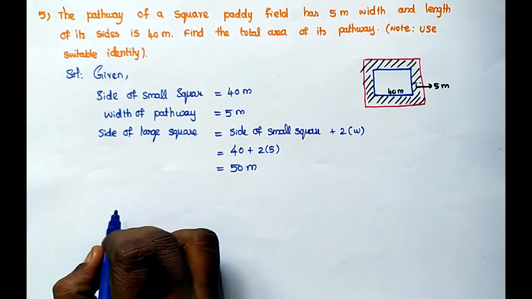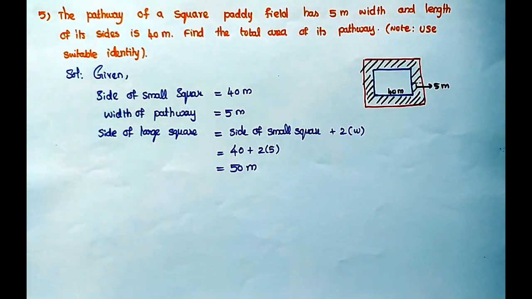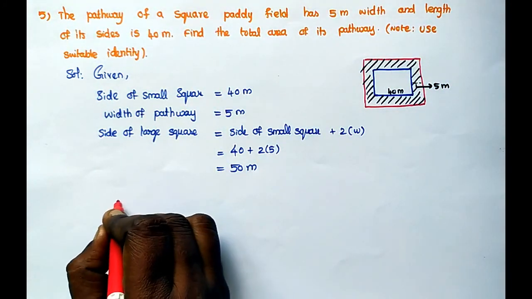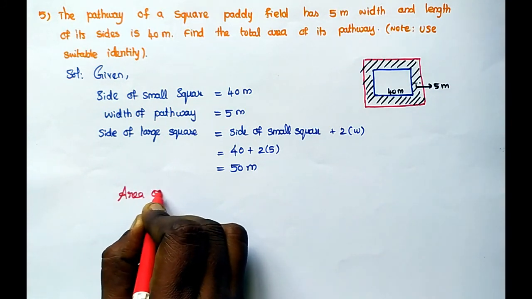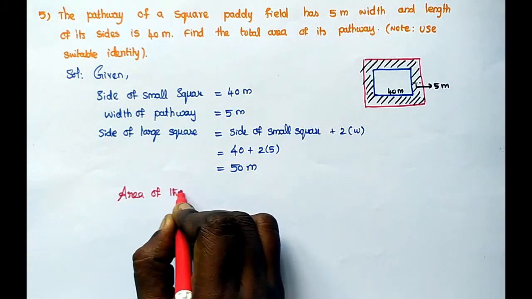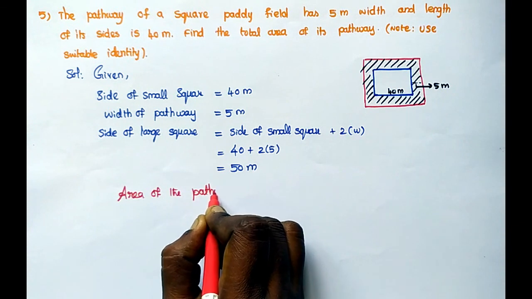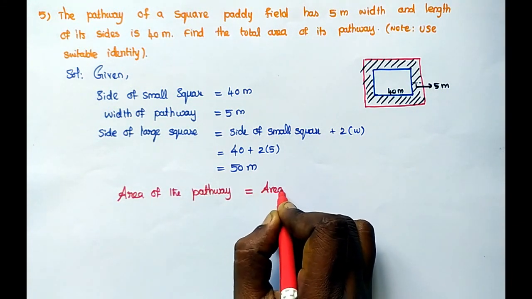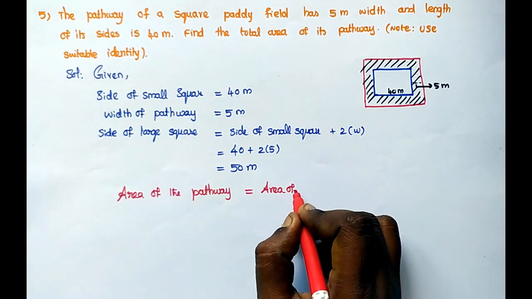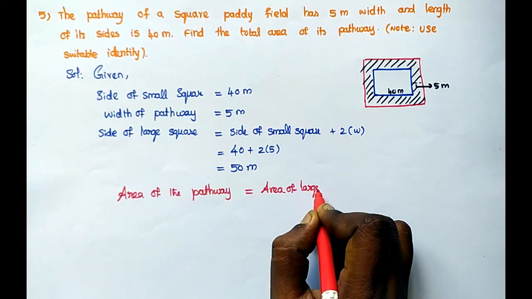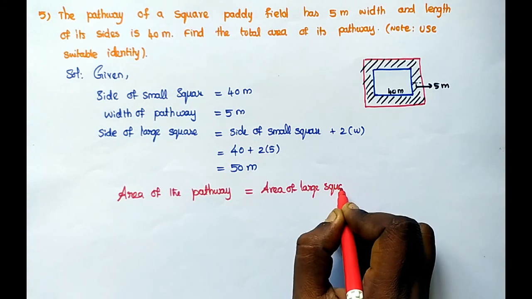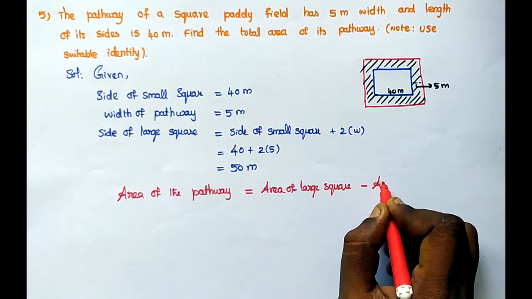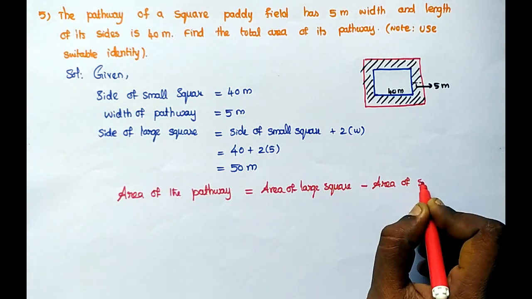Now we have to find out the area of the pathway. Area of pathway equal to area of large square minus area of small square.